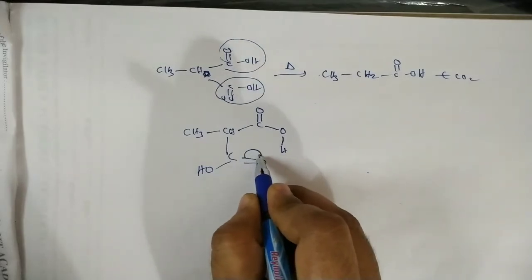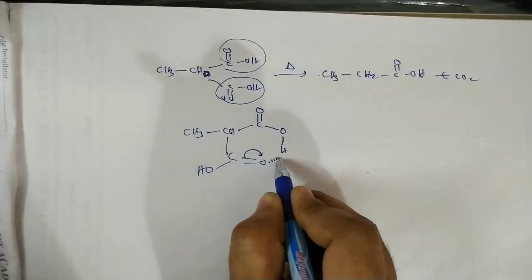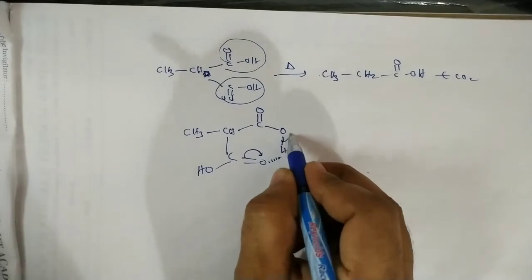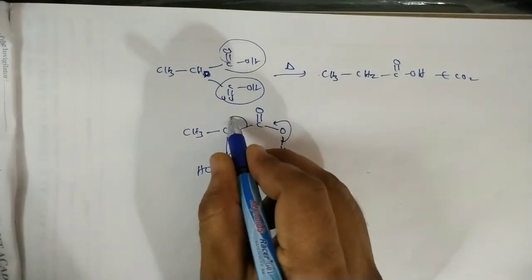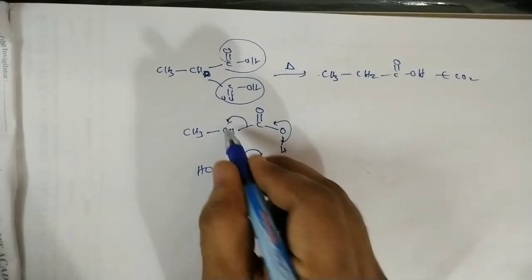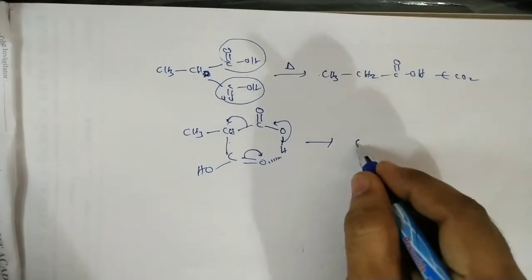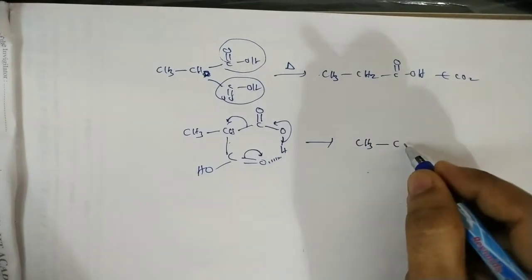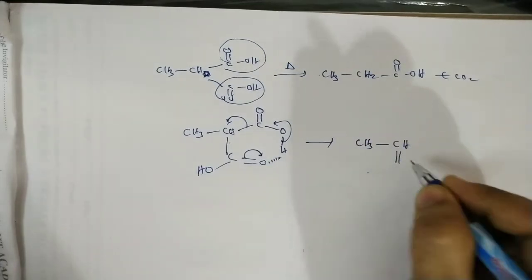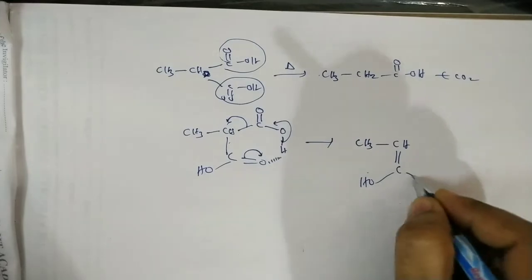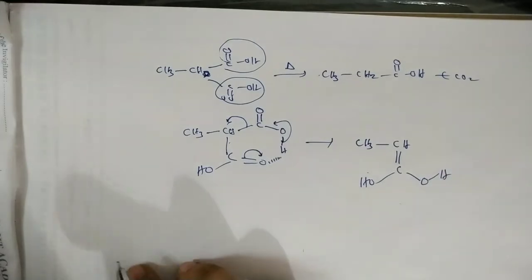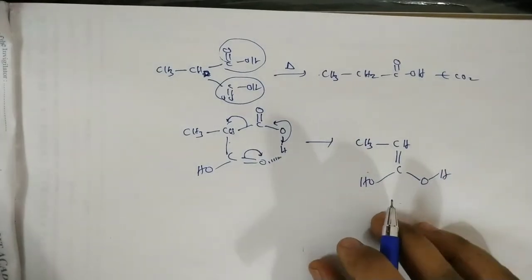These electrons transfer to this one, and this negatively charged oxygen is attracted towards H plus, and then the carbon-carbon bond breaks and a pi bond forms. So finally we get CH3CH double bond, here OH, and this one is OH. So again it is an enol form.